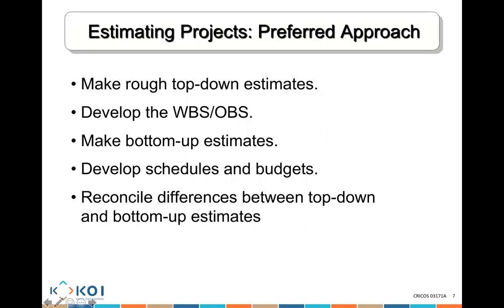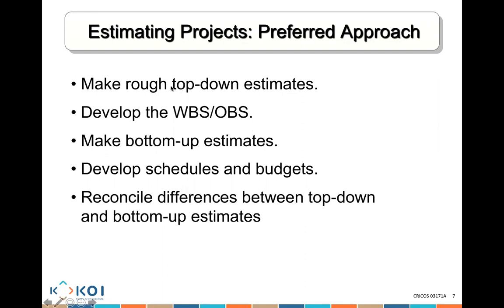So how do we make our estimation? There are different ways. The best approach is to make a high-level estimate, and create what we call a work breakdown structure, which lists every single task required to complete the project. Then make a bottom-up estimate, where for each task in the work breakdown structure you estimate how much it is going to cost you by itself, because you created all the tasks there.